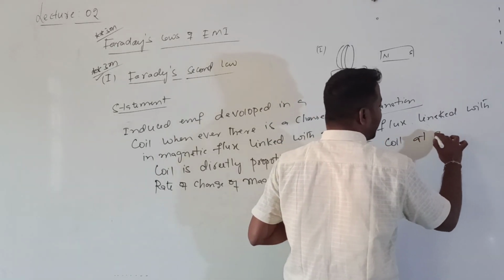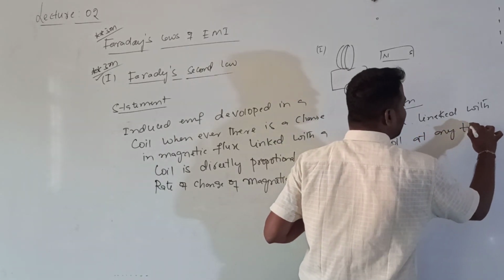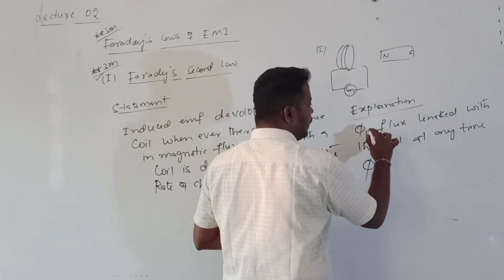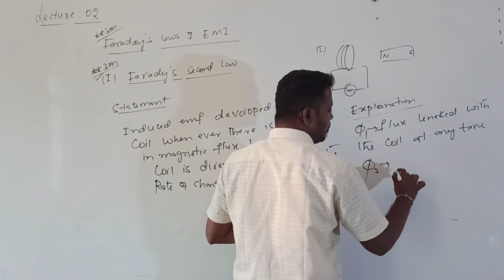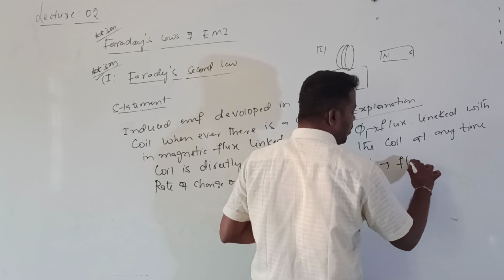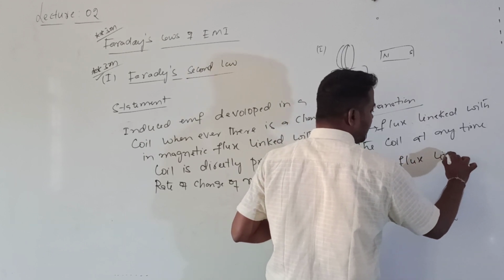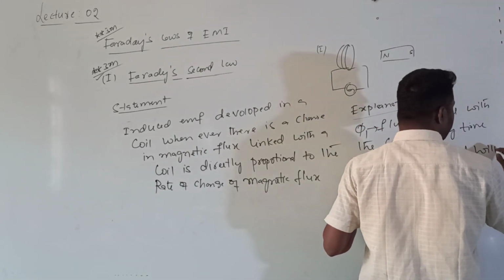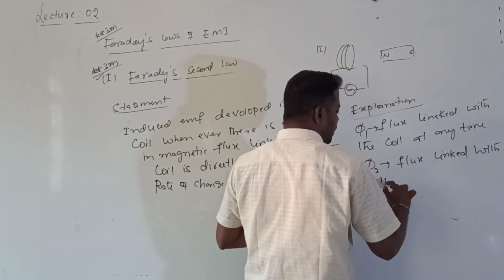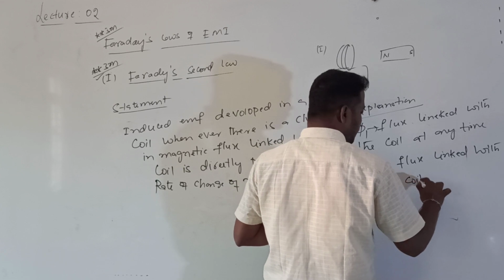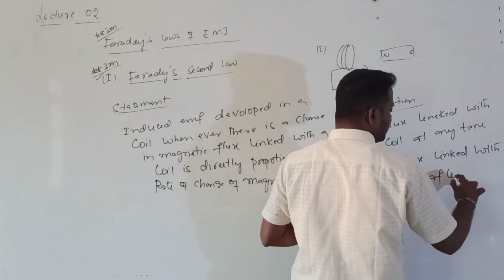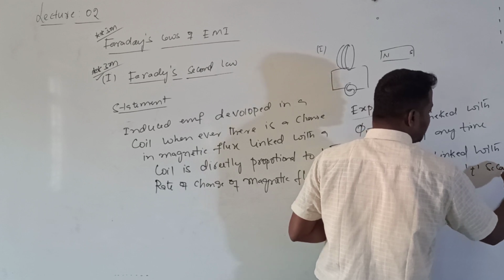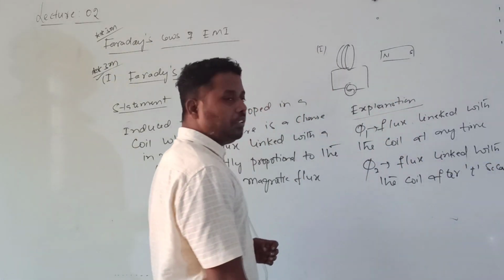So at any time, the flux linked with the coil is phi 1. After t seconds, the flux linked with the coil is phi 2.